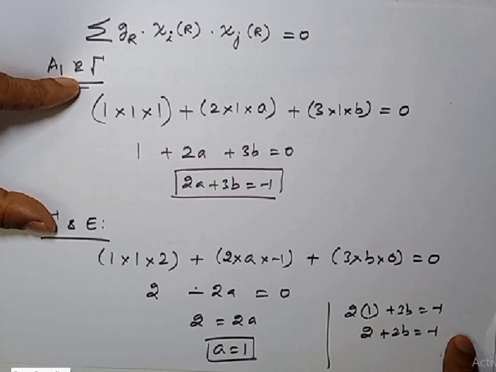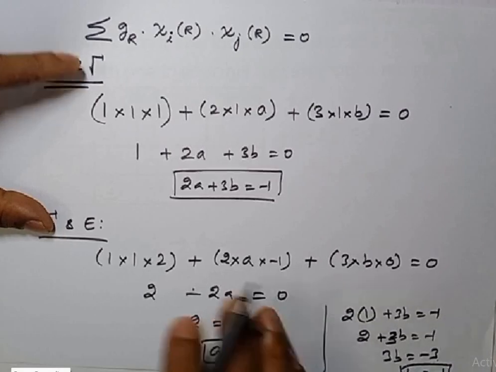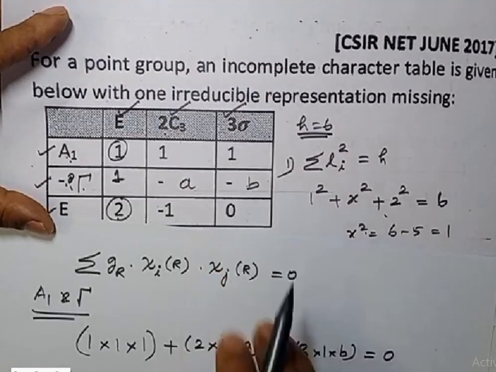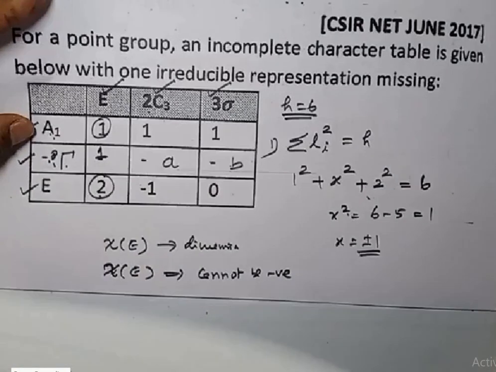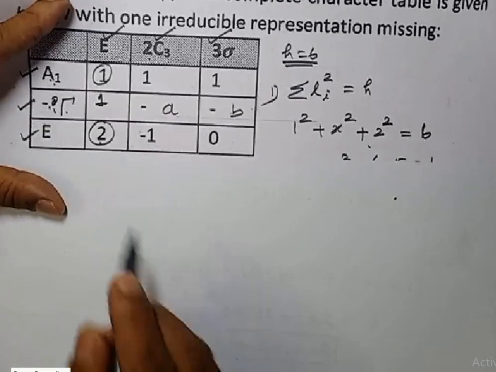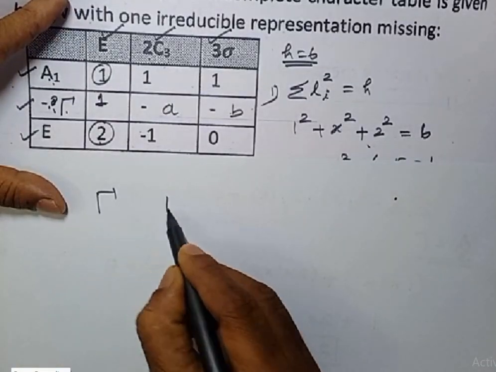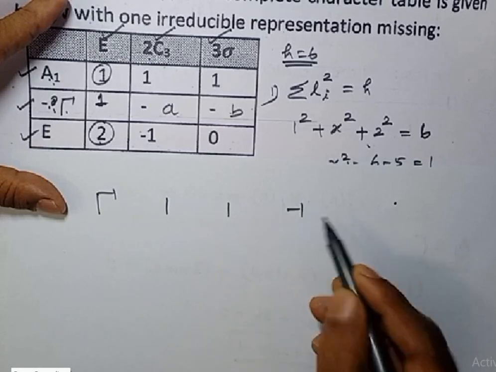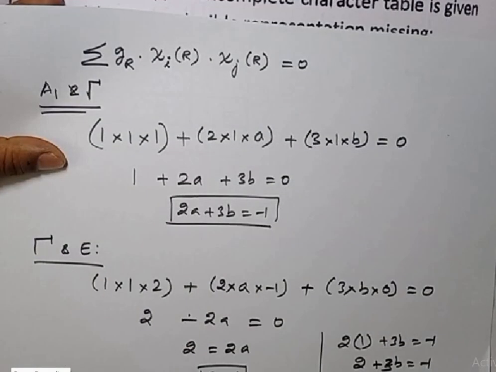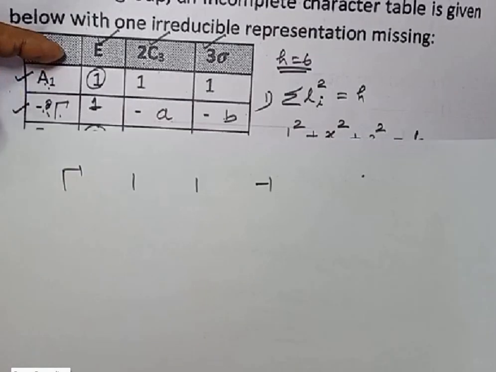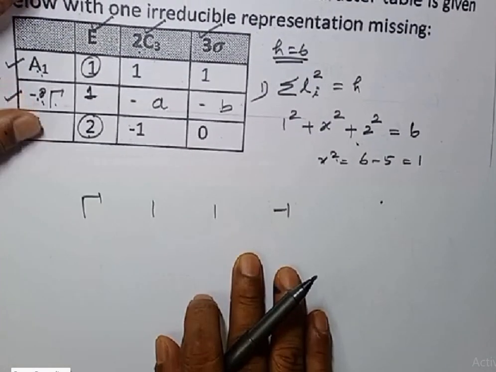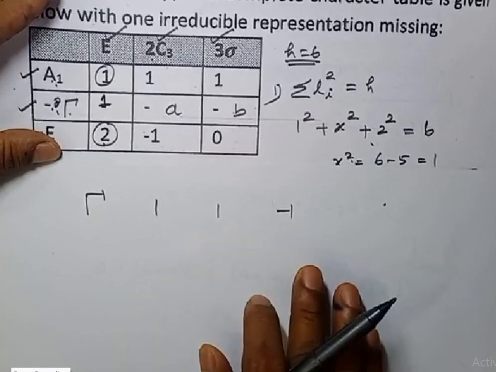Bring the 2 to the right hand side, you'll get minus 3, so 3B equal to minus 3, or B equal to minus 1. So the irreducible representation gamma has the characters 1, 1, minus 1. A value 1, B value minus 1, and these are the characters. Take down these characters.